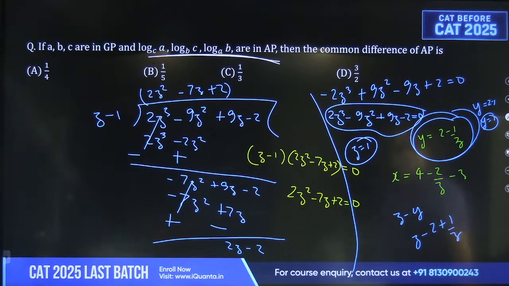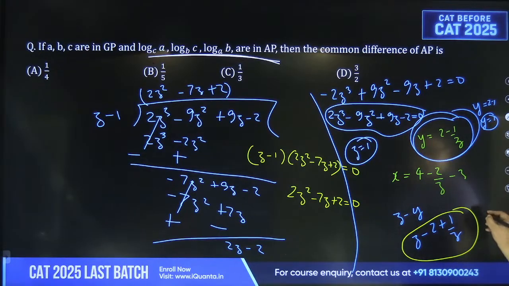Now let's solve it. We need to find this value, which is nothing but, if I simplify it, z square minus 2z plus 1 upon z. That is what we need to find.